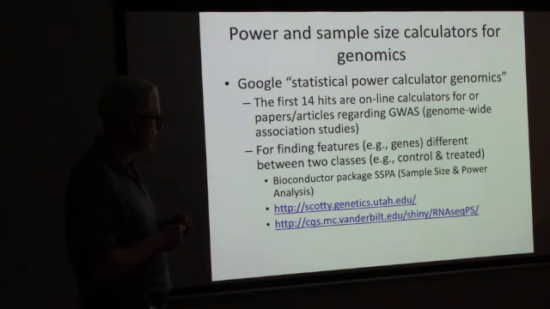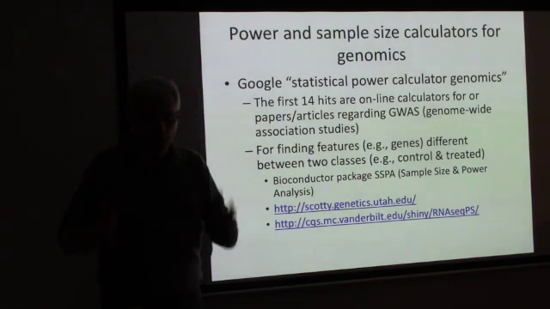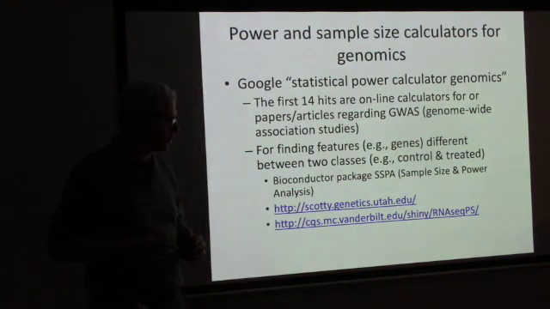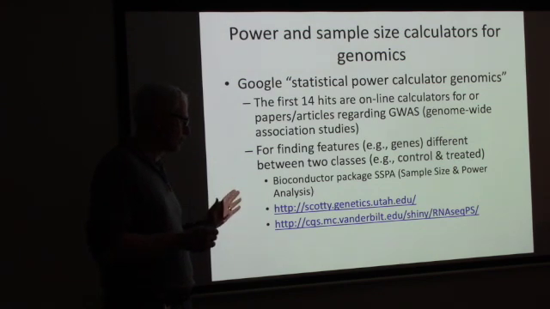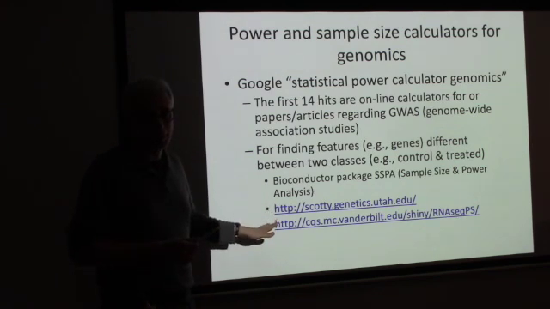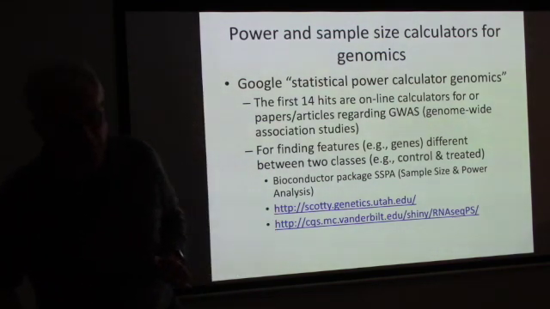It was much harder to find things that would try to do sample size and power analyses for gene expression comparisons or the kind of stuff we've talked about today. Here are a few that I found seem pretty good. Again, this was a year ago that I last checked them, and so I can't guarantee they're still there.